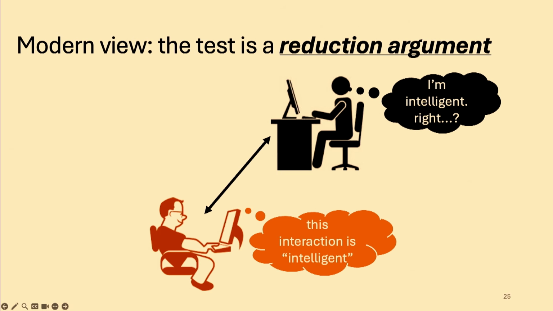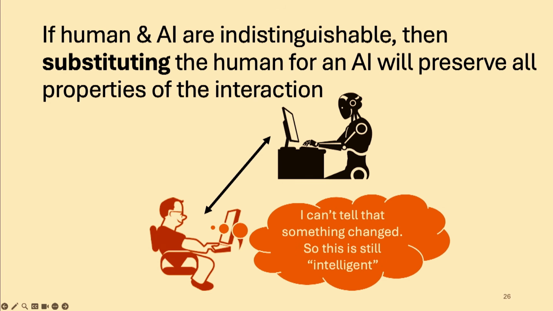Then, if we somehow manage to substitute the human for an AI and, as an observer, I can't tell the difference, then of course any property of the original interaction, such as it being intelligent, is preserved. And this is exactly what we do in computer theory or in cryptography when we do reductions between primitives, where we rely on the fact that two things are indistinguishable from each other to argue that any property we can assign to one of these primitives must also hold for the other. And whether we talk about intelligence or security is actually a bit the same thing.